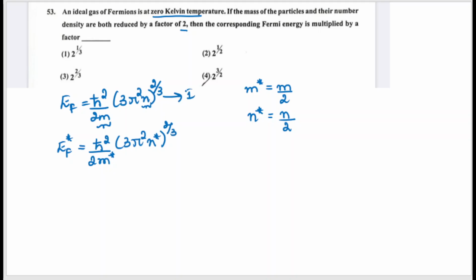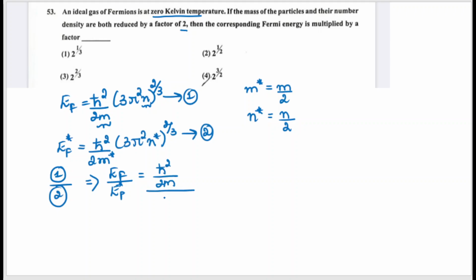I'm taking this to be equation 1 and this to be equation 2. I'll do 1 divided by 2. I'll get EF divided by EF star, which is equal to h cut square divided by 2m, all divided by h cut square divided by, instead of 2m star, 2 times m by 2. Then (3 pi square n) to the power of 2 by 3 divided by 3 pi square, instead of n star, (n by 2) to the power of 2 by 3.